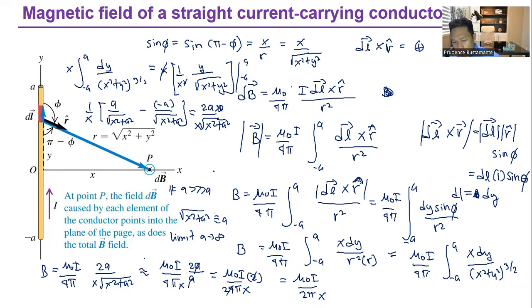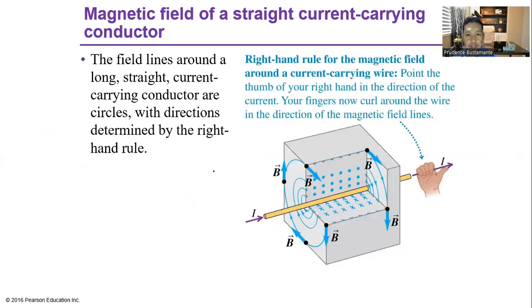So physically, the physical situation has axial symmetry about the y-axis, hence B must have the same magnitude at all points on the circle centered on the current conductor lying in the plane perpendicular to it. So the direction of B must be everywhere tangent to such a circle.